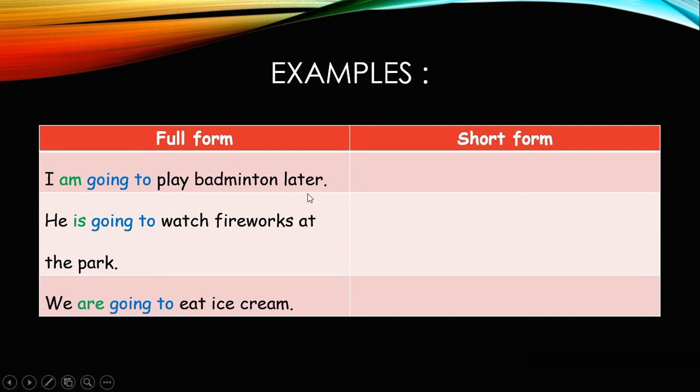We can shorten it to I'm going to play badminton later. So, can you see the difference here? The full form means you write the whole word am, but for the short form, you use the apostrophe m.